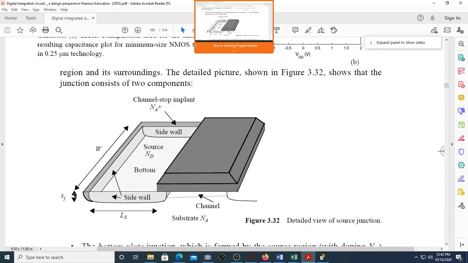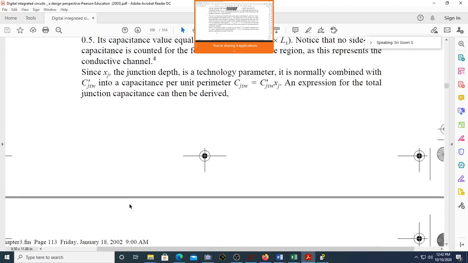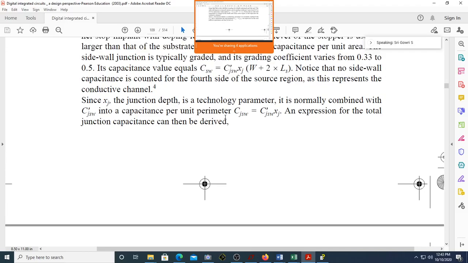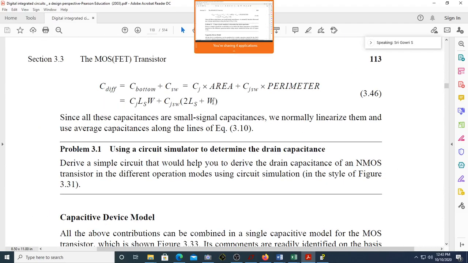As I said, Xj is not in the control of the user. That's why the foundry people, while giving, can you see here? Cj SW is equal to Cj SW dash into Xj. This is per unit area capacitance multiplied by Xj will become per unit perimeter. Is that fine here? Yes, sir. 2Ls plus W into Cj SW. So what is the unit of this Cj now?